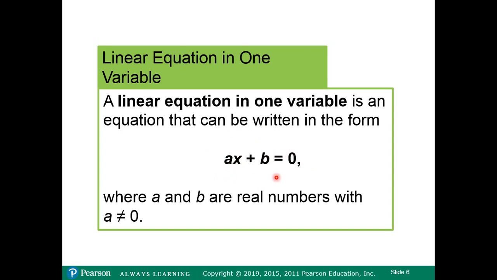A linear equation is in one variable, but it only has an x. No x squared, no x cubed, just x. Of course, b can be 0, but a cannot be equal to 0. A and b are real numbers, but if a is 0, then we no longer have a linear equation. We just have a constant.